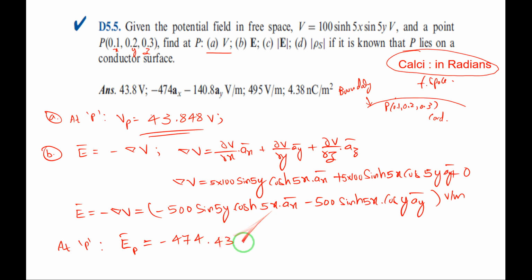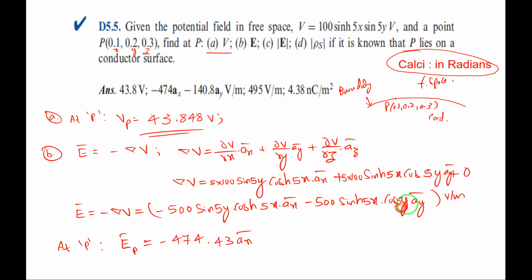I am getting it as minus 474.43243 ax. Next I'll take the second term, minus 500 into hyperbolic sine of 5x, 5x is 0.1, into cos 5y. Let me check it. I have made a mistake somewhere here. Cos 5y is there, I have left out the 5. Please observe all such mistakes.